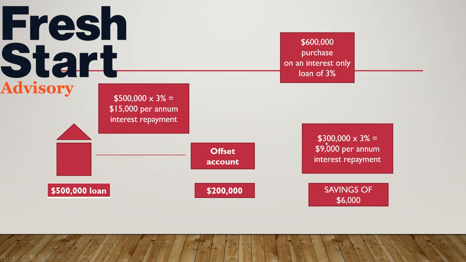So with that money sitting in that account, they've then got $300,000 which they're now being charged interest on at 3%, which equates to $9,000 per annum in interest repayments. Now, as you can see here, the difference between that and that is $6,000, and they're getting a savings of $6,000 purely from having their money sitting in an account.